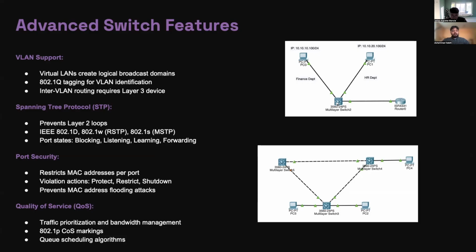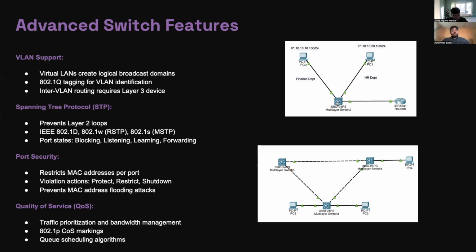Spanning Tree Protocol is also an advanced feature available on switches. It prevents layer 2 loops, as you mentioned before, and it does so through different standards. The legacy one is 802.1D, then RSTP 802.1w, and the latest is 802.1s, Multiple Spanning Tree Protocol, which can be used in complex environments where you have multiple switches in one VLAN and you want to enable STP there.